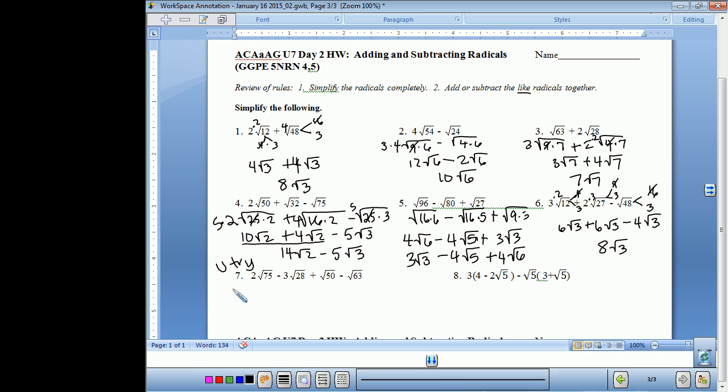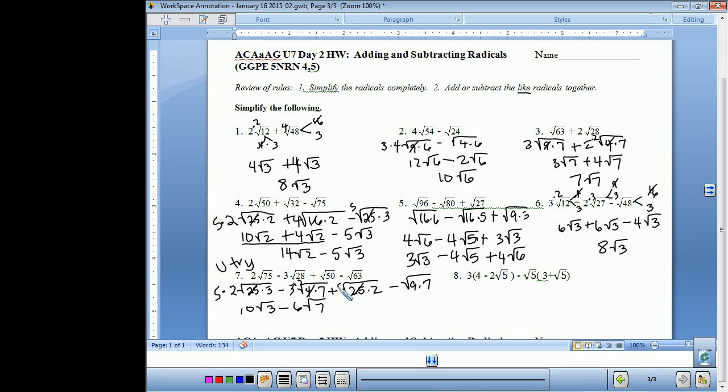Okay, so this breaks down into 25 times 3. This breaks down into 4 times 7. This breaks down into 25 and 2. And this breaks down into 9 times 7. So when we bring out the 5, we get 10 roots of 3. When we bring out the 4, we get 6 roots of 7.